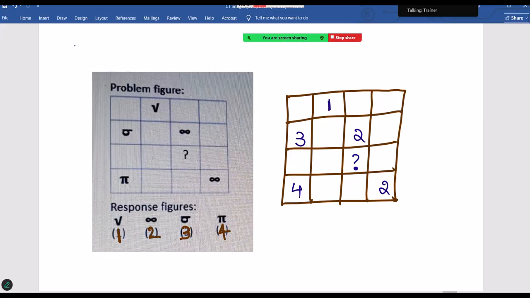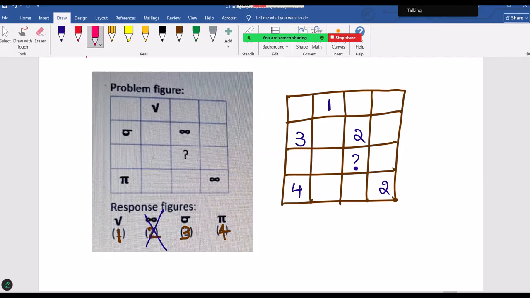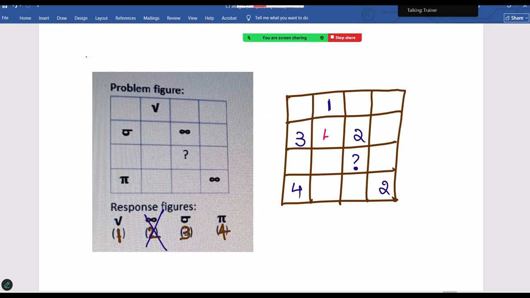Now 2 cannot come, that's one clarity, right? Next, what's next? 3, 1, 2, this must be 4. Obviously, this must be 4. Okay, 4 cannot come here.